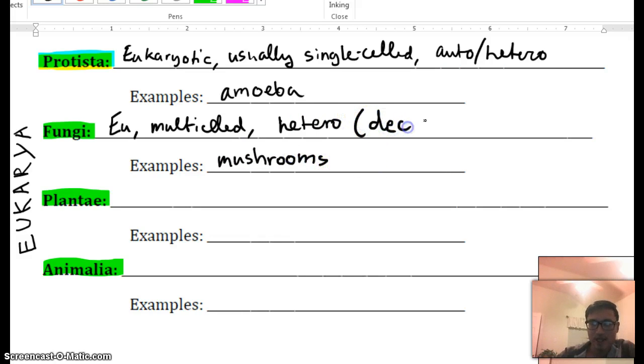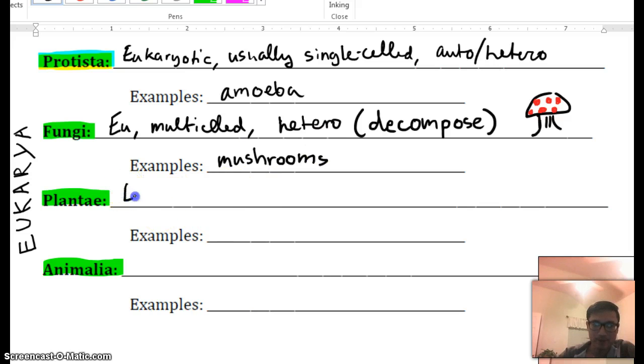So when we say heterotrophic, let's go ahead and put this word here, decompose. We have here the mushroom stalk, right? That kind of grows on the ground. Now this mushroom, what it does is it takes matter in the soil around it and it helps return those nutrients back to the soil. So it's very important in terms of the cycle of life.